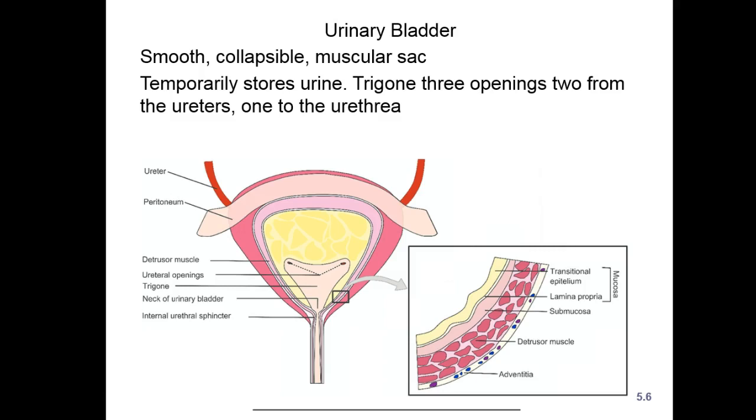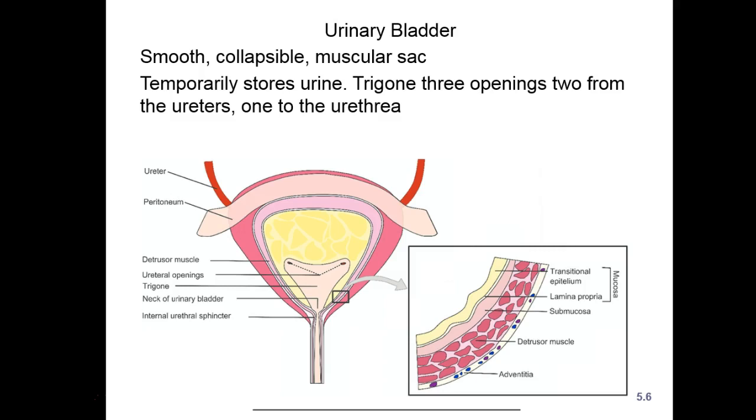The muscles are their own unique type. We call these detrusor muscles, and it's actually 3 layers of muscle tissue that makes it a very strong organ. So it's a smooth, collapsible, but very muscular organ.